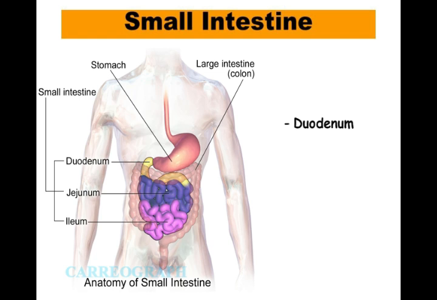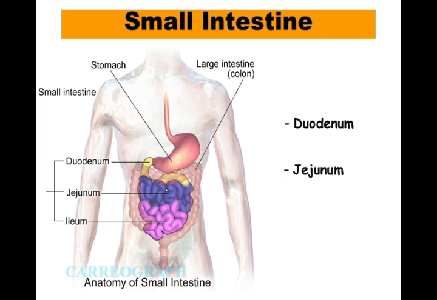The absorption of simple food starts from the duodenum, and through the finger-like structures called villi, it also starts from the duodenum itself.